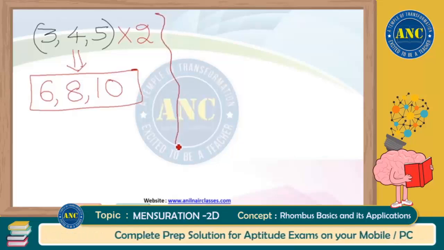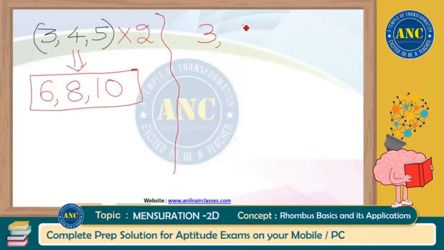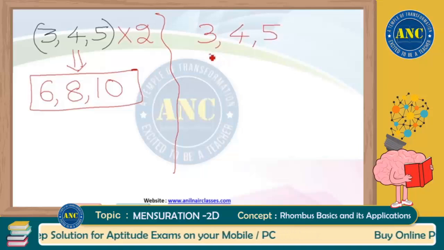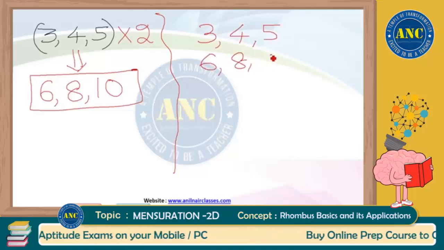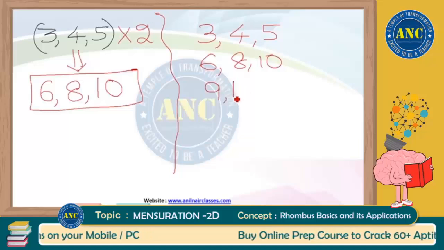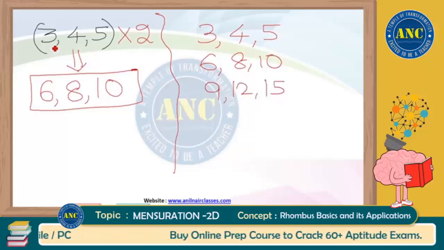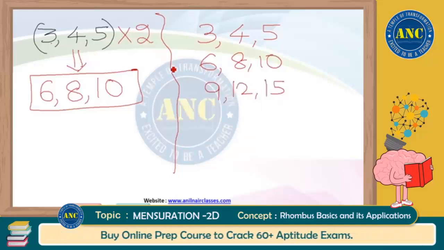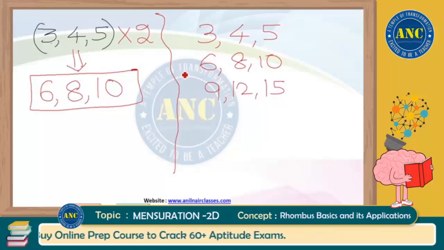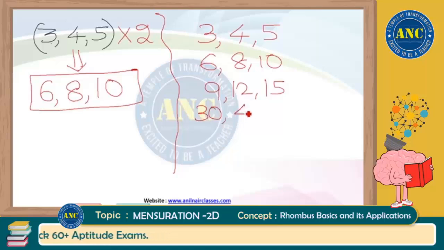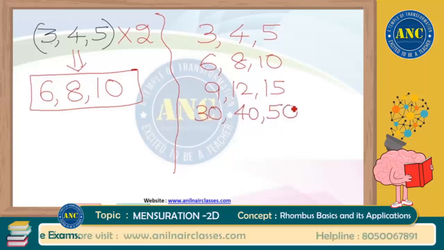Like that, there are so many Pythagorean triplets. 3, 4, 5 is one, 6, 8, 10 is another, 9, 12, 15. Instead of multiplying all three values by 2, I multiplied every value by 3. You got another. Multiply all by 10: 30, 40, 50, it is another.